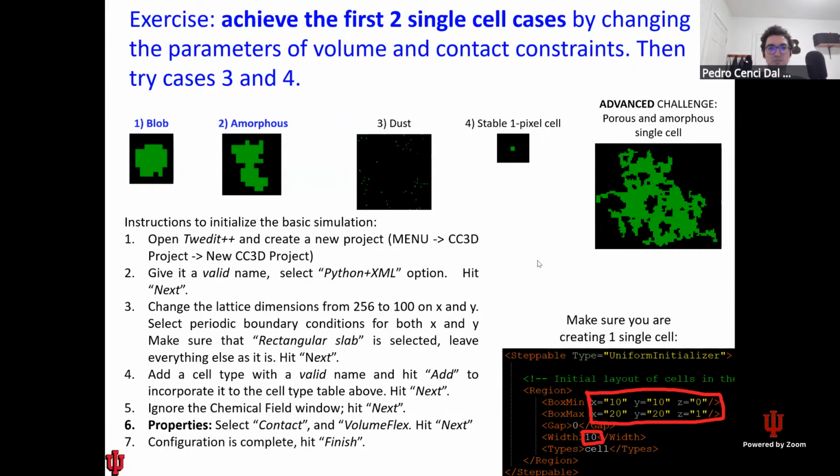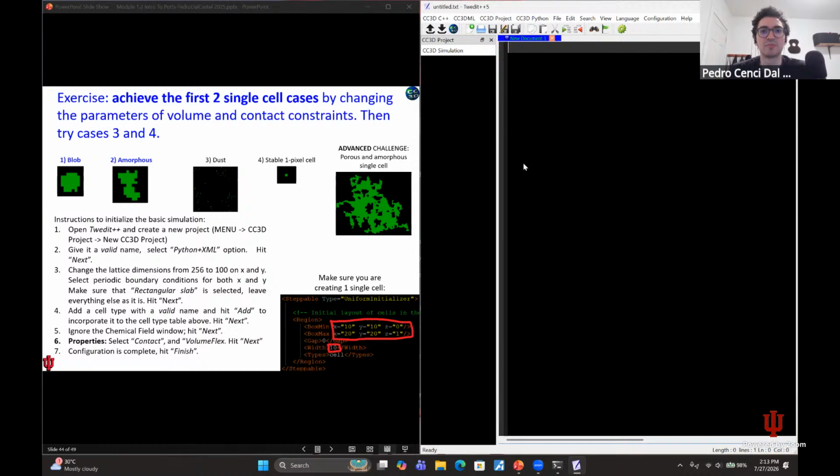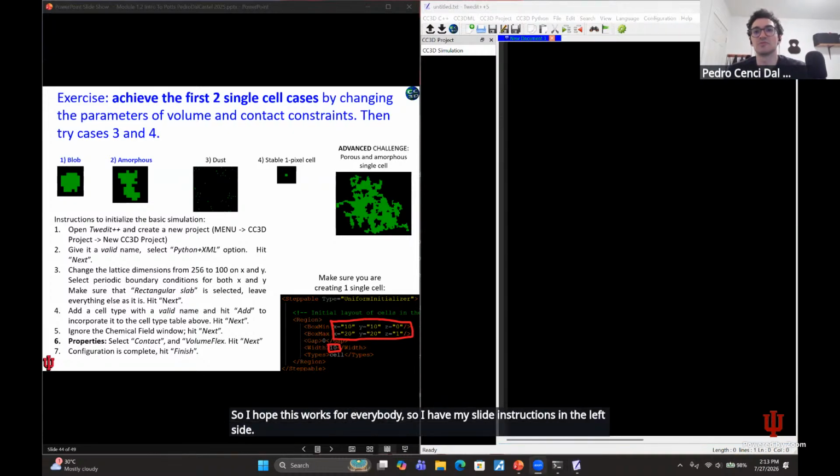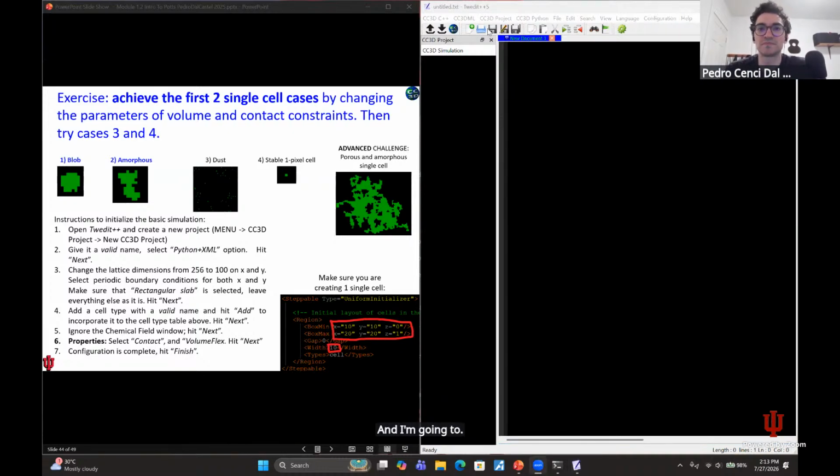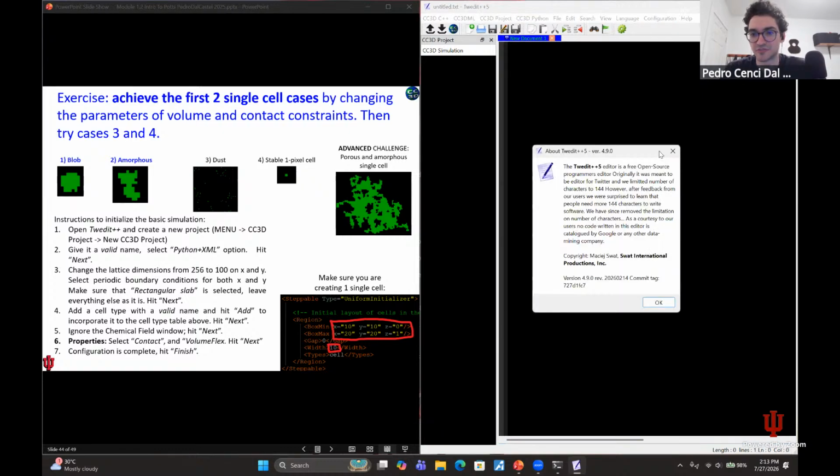All right, so I'm going to follow the steps myself. I hope this works for everybody. I have my slide instructions on the left side, and I'm going to very slowly follow them here. I have my Twedit open. Let me just make sure this is version 4.9.